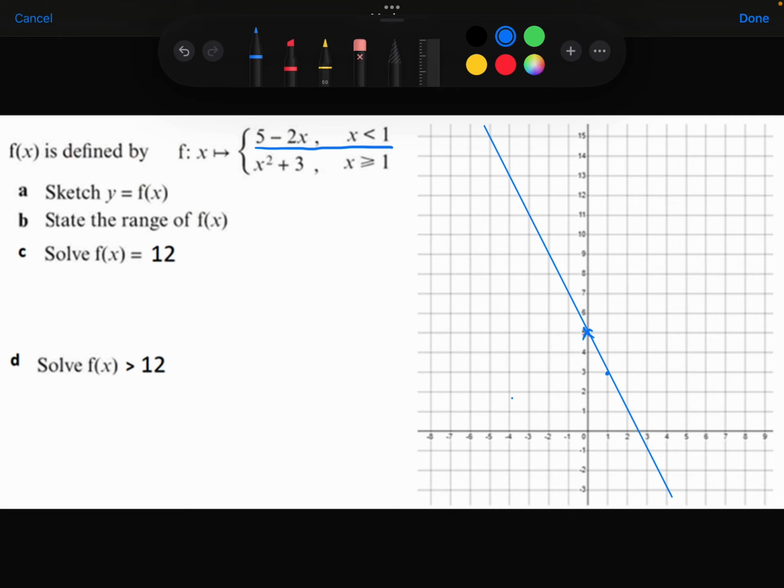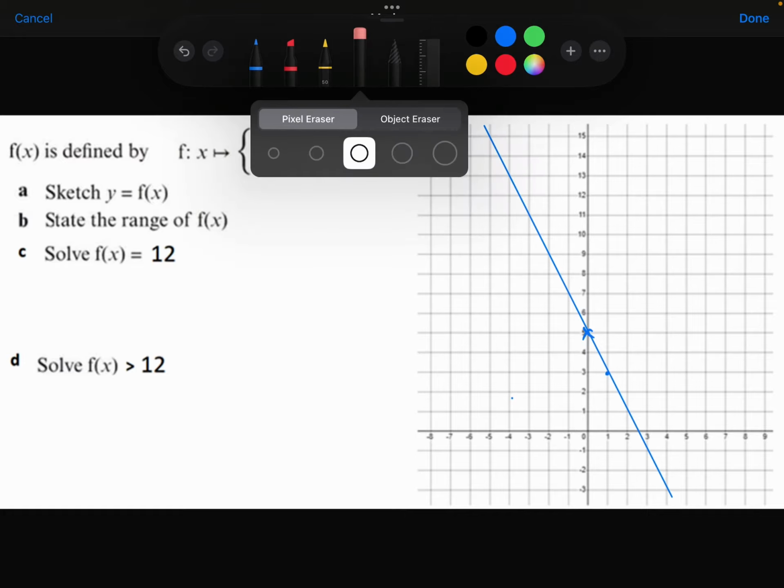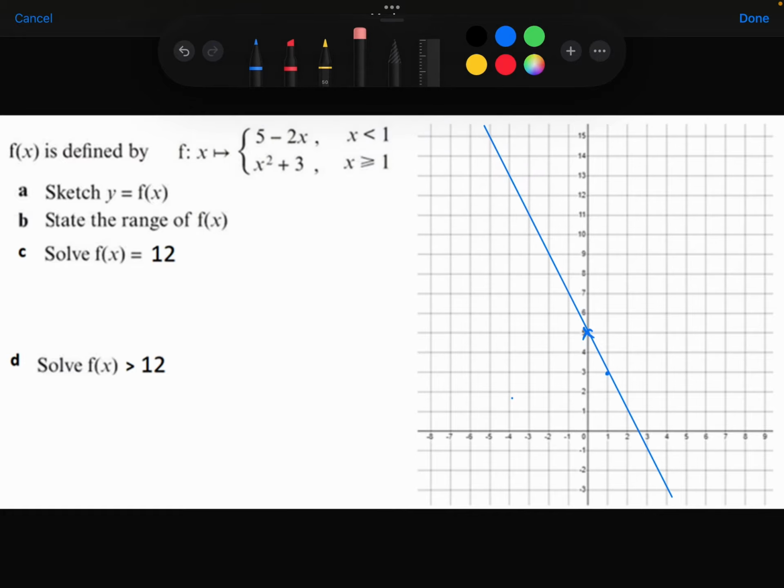So that's the graph of 5 minus 2x, but I've drawn that across the whole graph, which I shouldn't have done, because the 5 minus 2x is only valid for when x is less than 1. So actually, it shouldn't be down here.